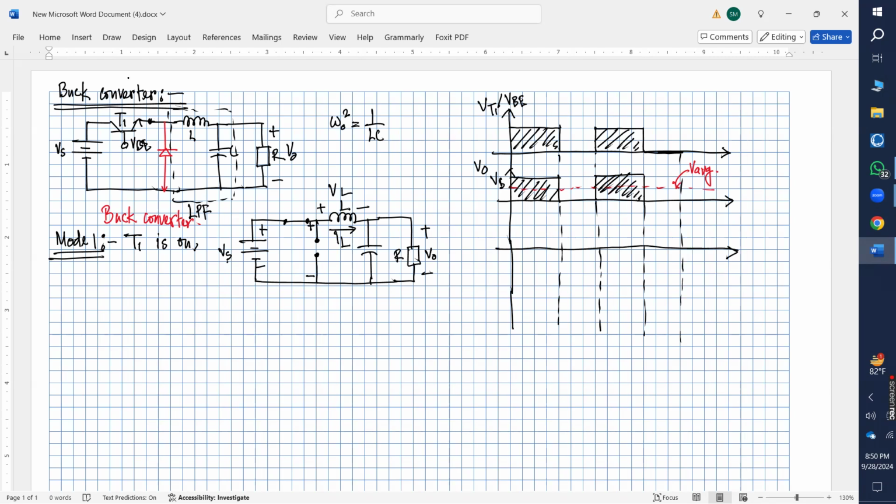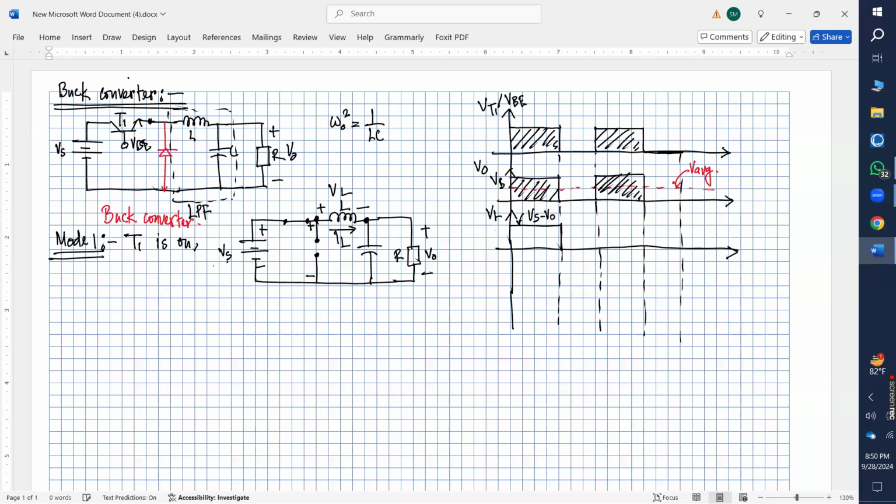When the switch is on, you can see this terminal is connected to Vs and this terminal is connected to V0. So what would be the total voltage across the inductor? Vs minus V0.